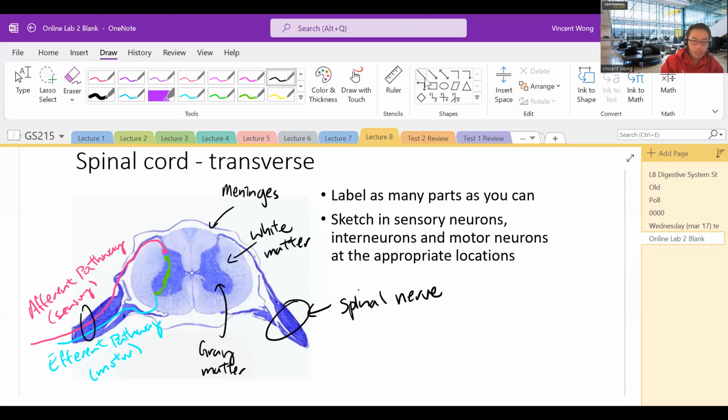See that tiny hole in the center? I'm not sure why it's not letting me draw the arrow, but there is this little hole in the center. That is the central canal. That's where the CSF is going to go down, right?